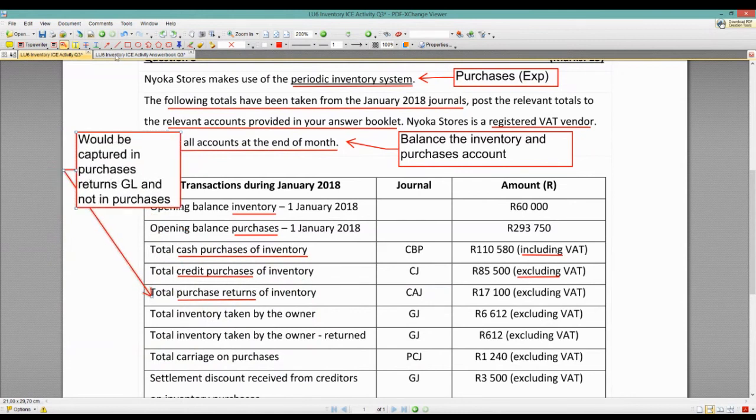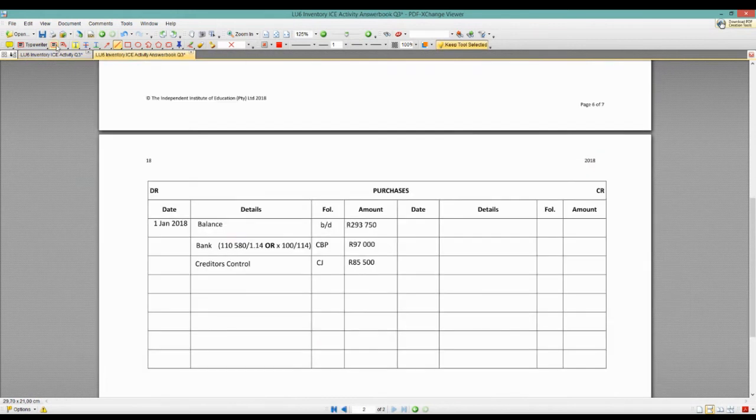Then if we look at the next one, the owner took inventory for their own use. So this is a general ledger account and it excludes inventory. Normally under the perpetual inventory system, we would credit the inventory. But because we're busy with the periodic one, we would now have to take it to purchases to reduce our purchases amount. So we are going to credit purchases with the 6,612.